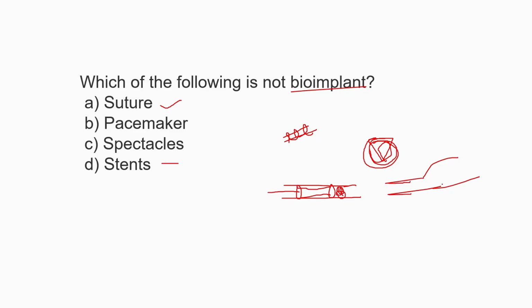These stents are used to increase the blood vessel diameter so that blood can flow easily. So all of these are basically used inside our body to replace a missing biological function, or to enhance or support existing biological structures.